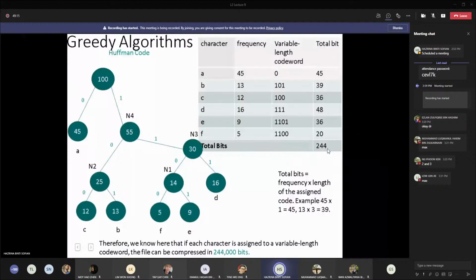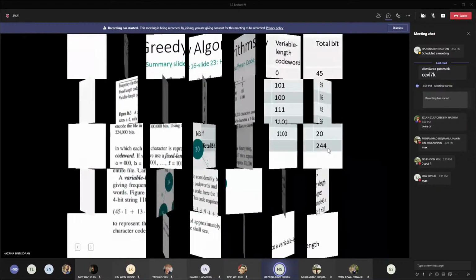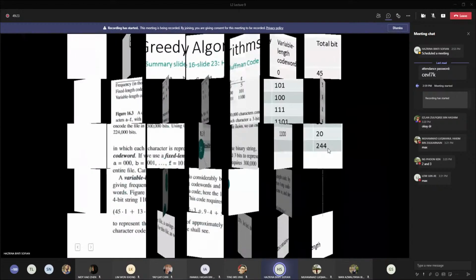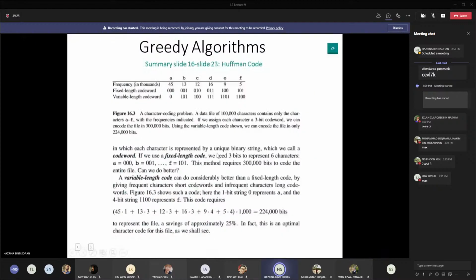This 244 bits is smaller than the previous one when we did not build our Huffman tree. Previously, when we used the fixed length code, this method required 300,000 bits to code the entire file.